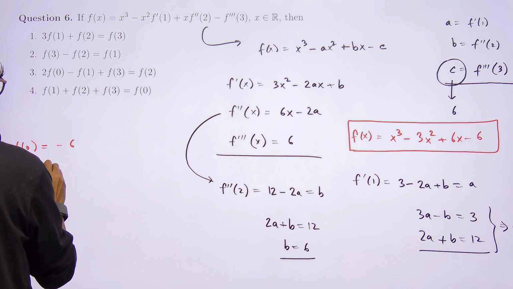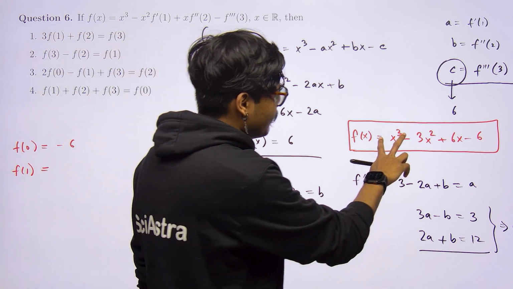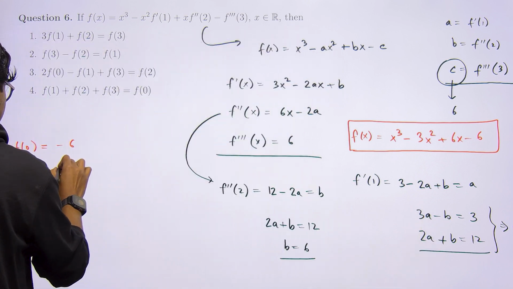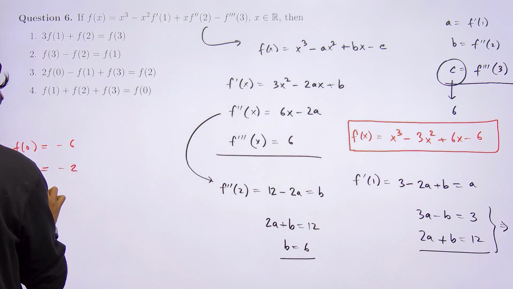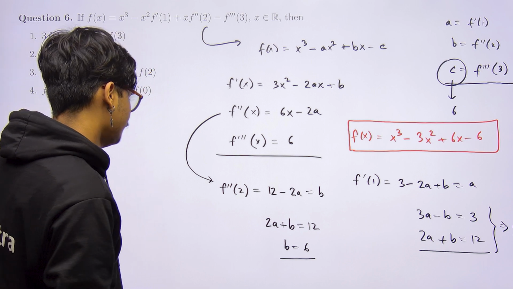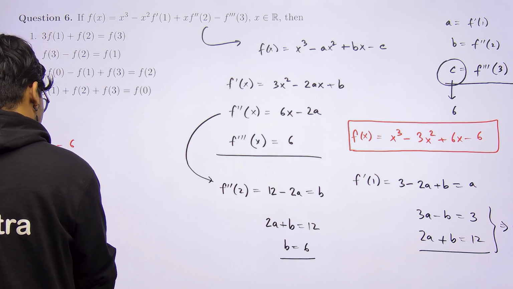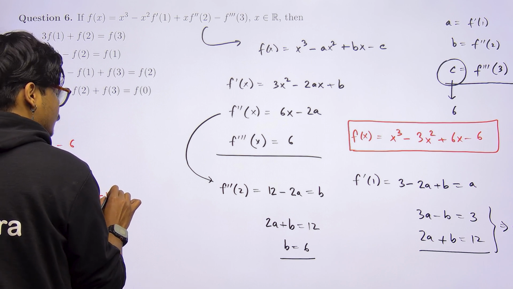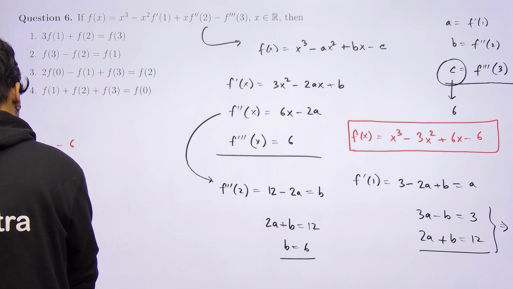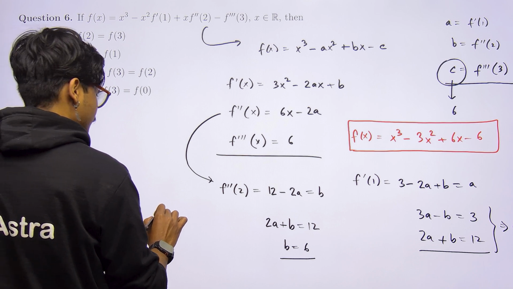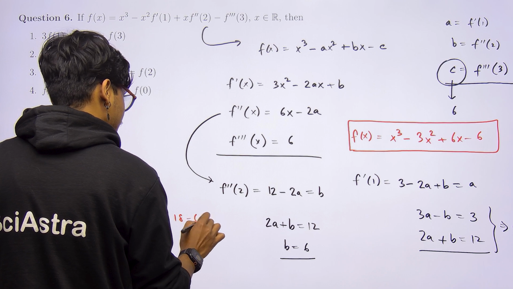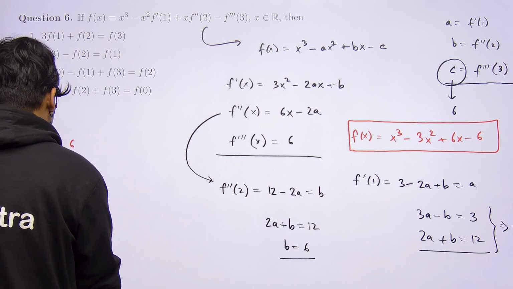The value of f(1) should turn out to be 1 plus 6, 7, minus 6, that's 1, minus 3, so that's minus 2. f(2) should be 8 minus 12 plus 12 minus 6, right, which is 2. And f(3) is going to be 27 minus 27, 18 minus 6, so that's 12. So you get these four values.